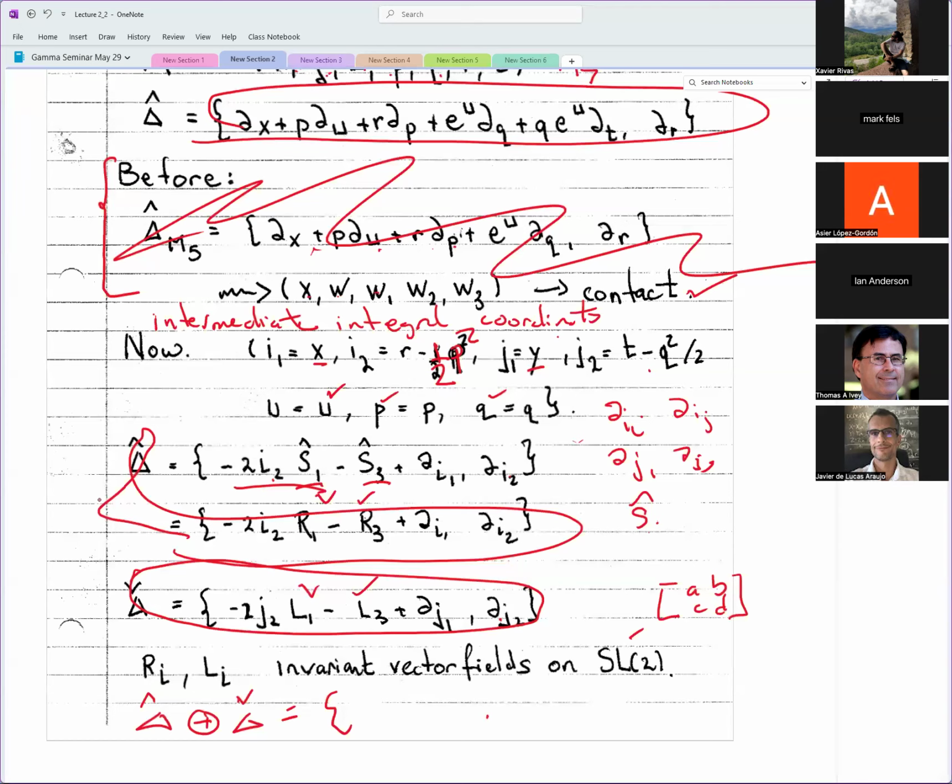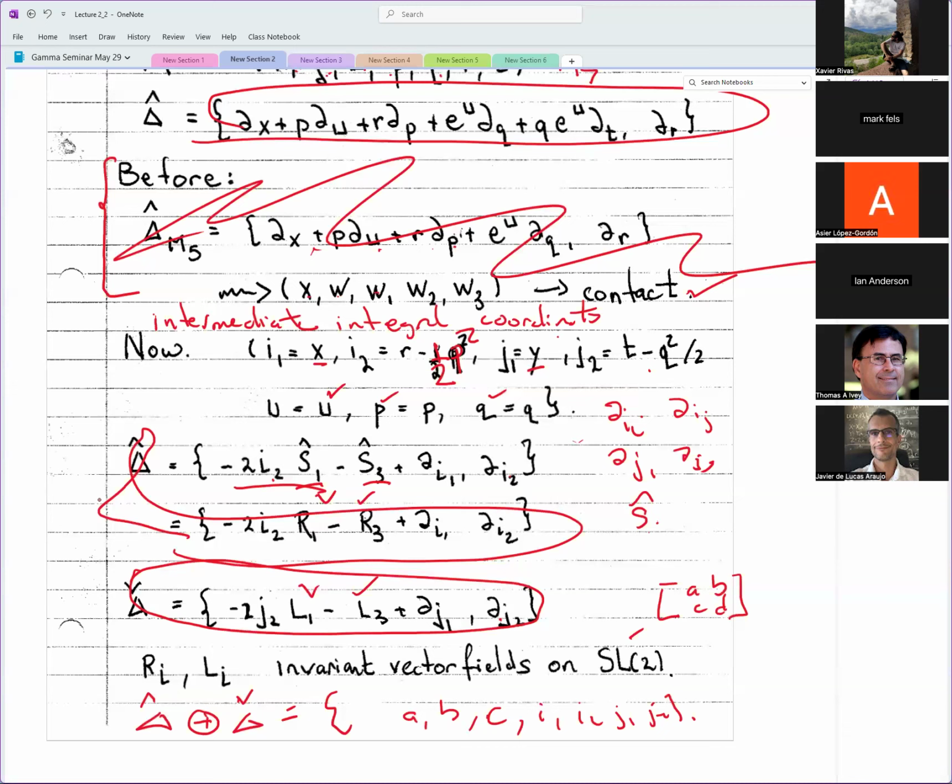Write those vector fields R1, R2, R3, L1, L2, L3 in terms of those. So if I solve for D, I could think of these 4 vector fields as being defined on a 7-manifold with these coordinates. And that's what I have.